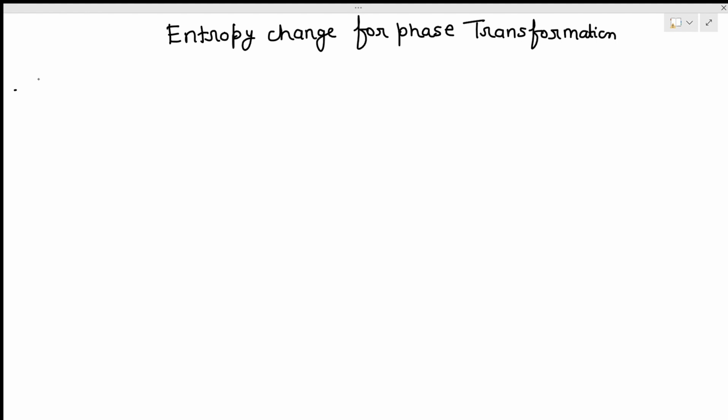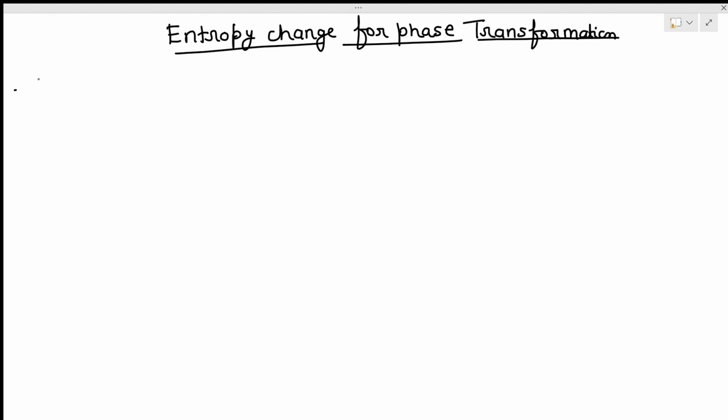Now, one more important thing is the entropy change for phase transformation. Till here we have seen the things that are all for the non-phase transformation process, that is, without phase transformation. But now we have to see the entropy change for phase transformation.